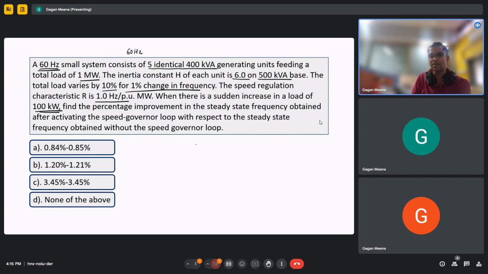So here we see R is given as 1.0 hertz per unit megawatt.